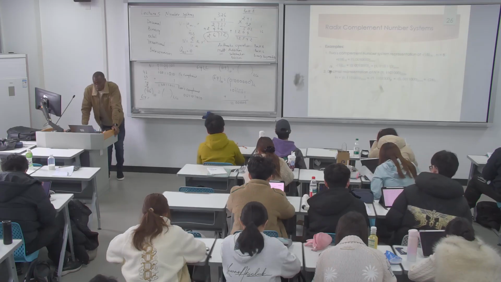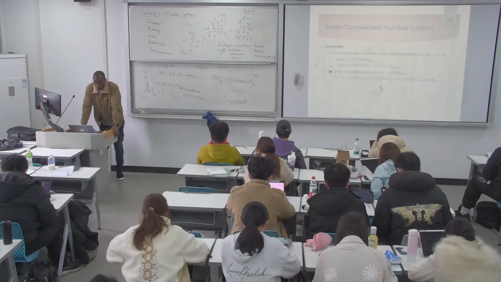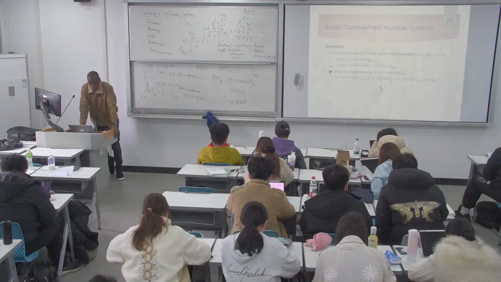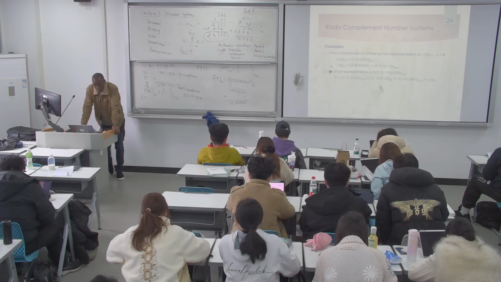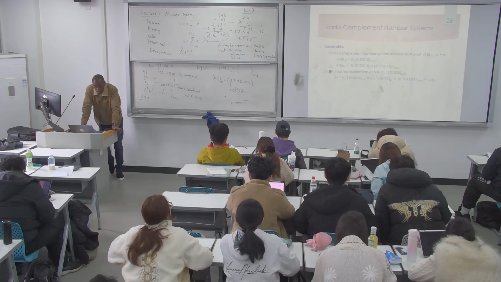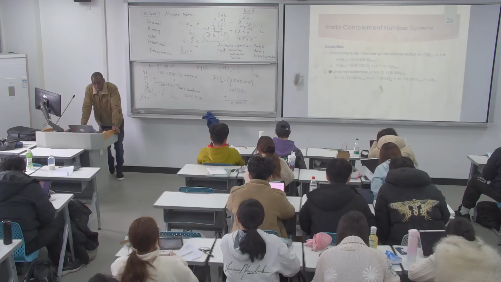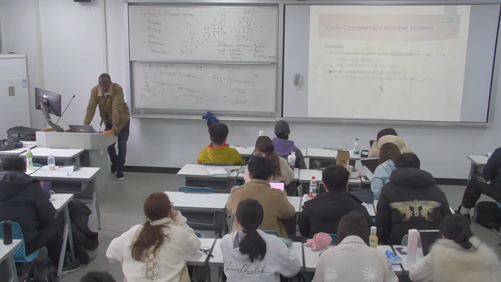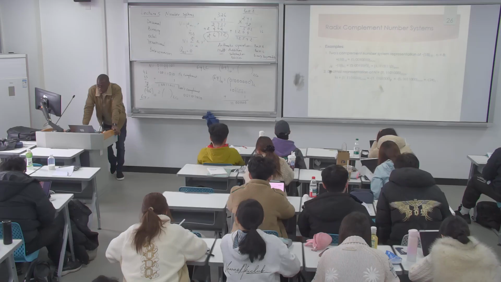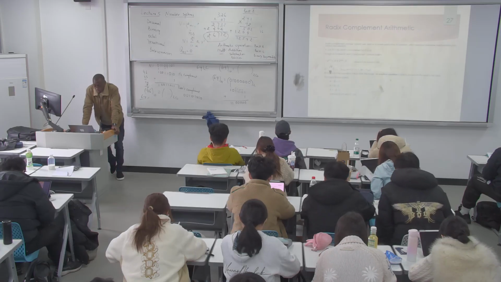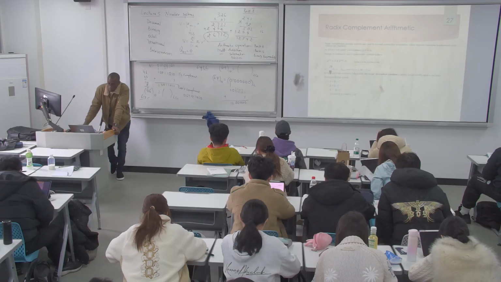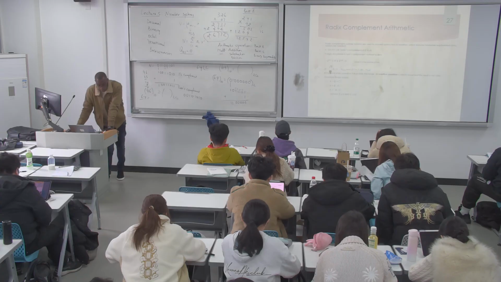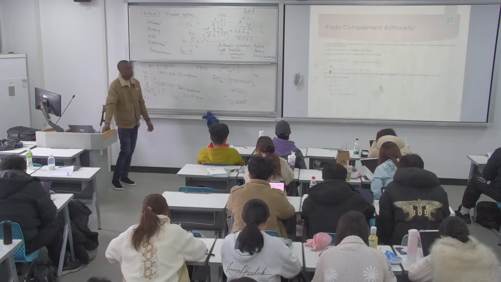Now, in the radix complement number system, we have the 2's complement number system, representation of minus 18, n equals to 8. So we have plus 18, and we have minus 18. We need to calculate the 2's complement. So the decimal representation of n is this much. Now, we are going to consider these radix complement number systems which are used to convert subtraction to addition. I want you to pay attention to this.